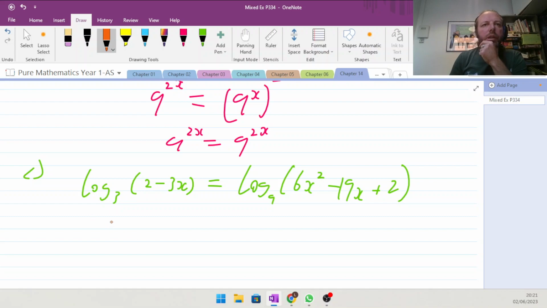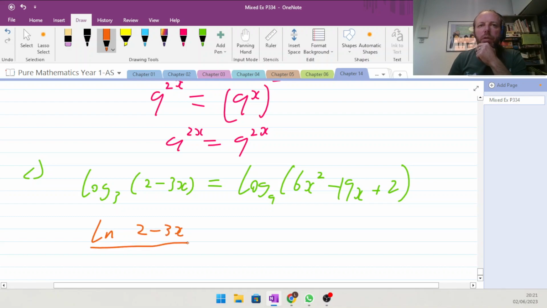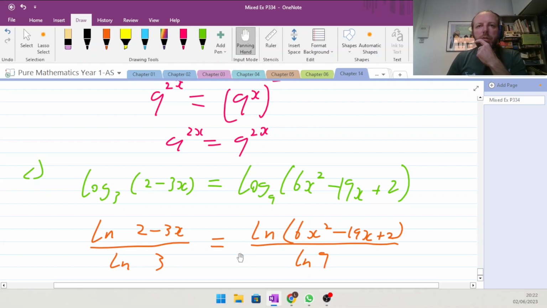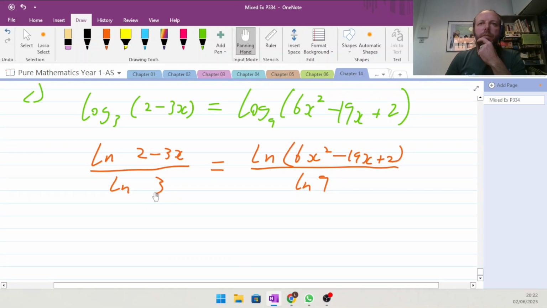There was a trick that if you wanted to do the ln of 2 minus 3x, you would just have to divide it by the ln of 3. And the ln of 6x squared minus 19x plus 2 is divided by the ln of 9. So that just is a way of changing the base. I've changed it all to the base e in this case.